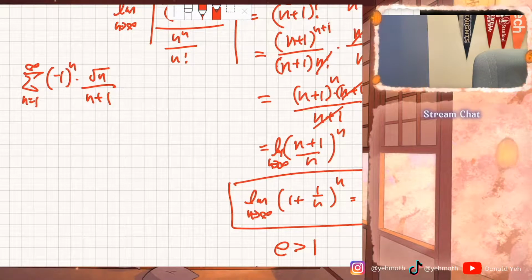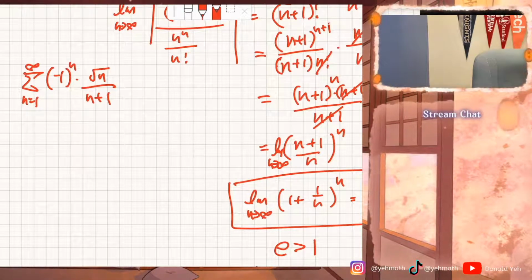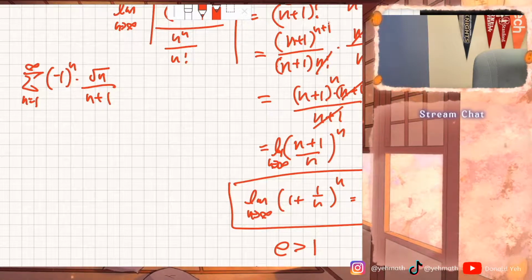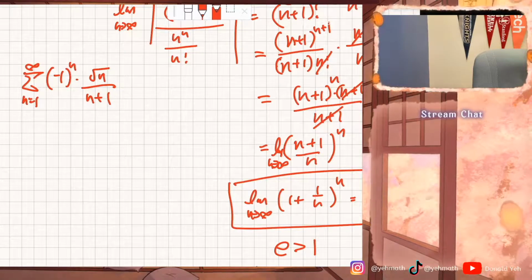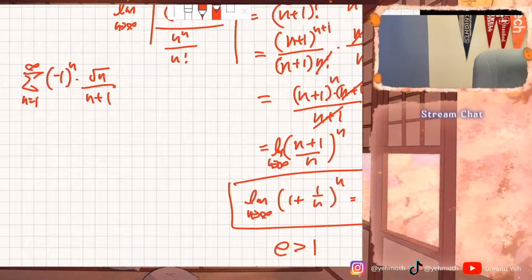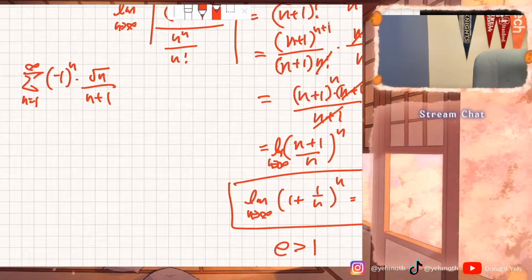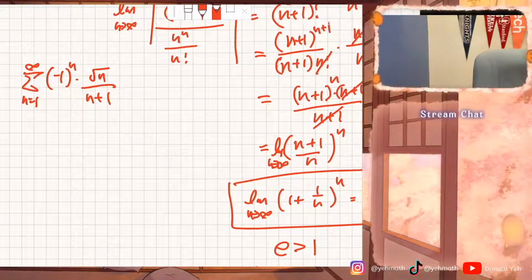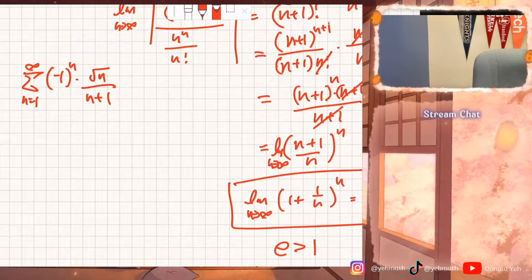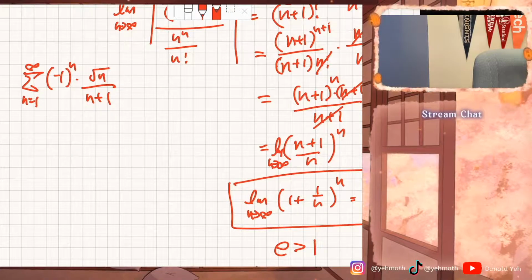So it's not really a failed test. But if it's equal to 1, then it's a failed test.